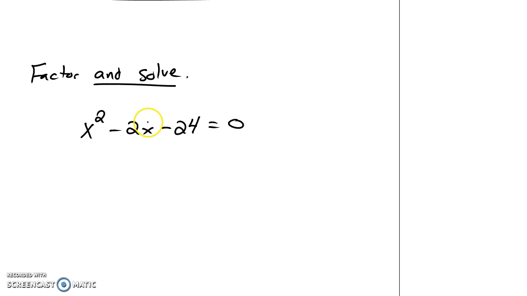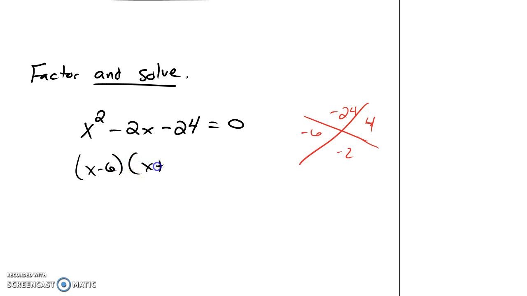So my step 1, and this is what we're going to spend most of our class time on, is to factor it. It's x squared, nothing in front of my x squared, so there's a coefficient of 1, so it's a box problem. What multiplies to negative 24 and adds to negative 2? Well, that's a negative 6 and a positive 4. So my factors become x minus 6 times x plus 4.